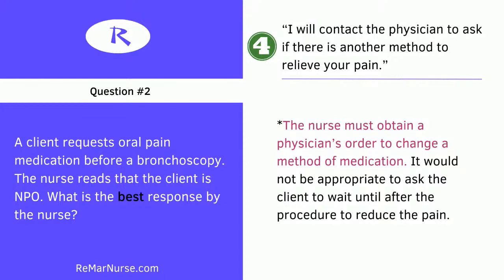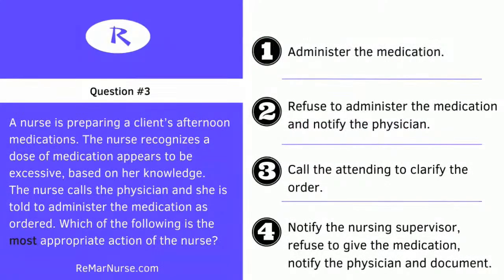Question number 3. I like this one a lot. A nurse is preparing a client's afternoon medications. The nurse recognizes a dose of medication appears to be excessive based on her knowledge. The nurse calls the physician and she is told to administer the medication as ordered. Which of the following is the most appropriate action of the nurse?